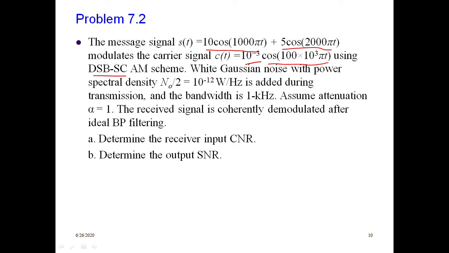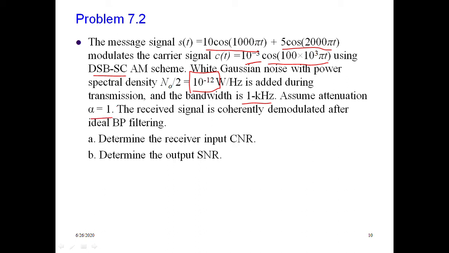The white Gaussian noise is a random noise, so they already give it to you, generally 10 to the power minus 12. The bandwidth is 1 kilohertz. So assume attenuation alpha equivalent to 1.